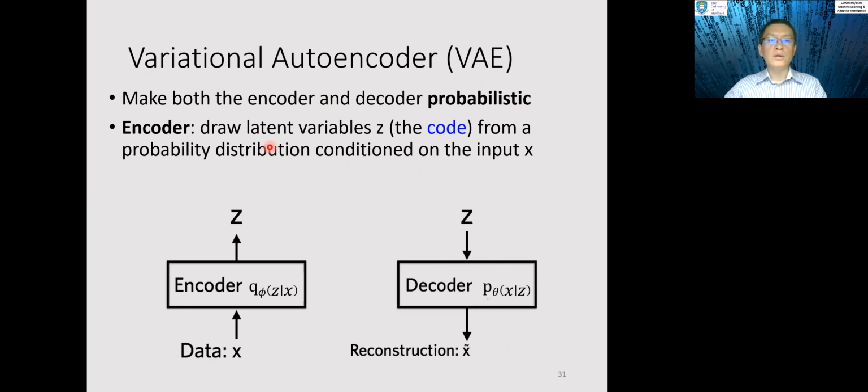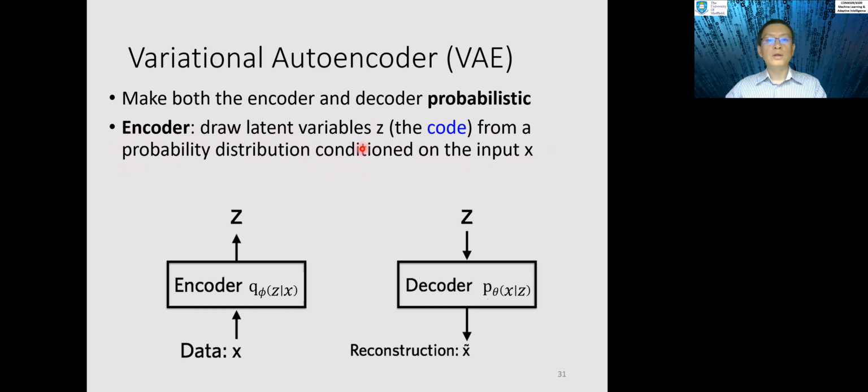For the encoder, we will draw latent variables z from a probability distribution. So the code, the latent variables, are sampled from a distribution rather than directly encoded. And this distribution will be conditioned on the input.